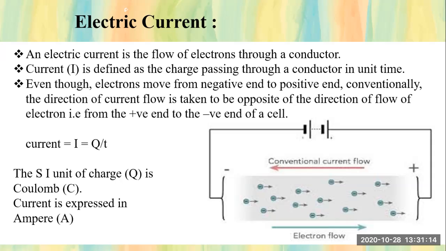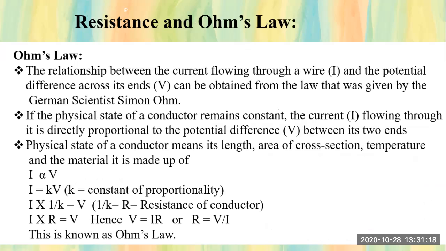Now we will go to a point, that is Ohm's law. Now see, resistance and Ohm's law. Ohm's law: the relationship between the current I flowing through a wire and the potential difference V across its ends can be obtained from the law given by the German scientist Simon Ohm.